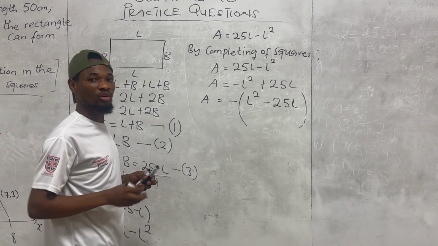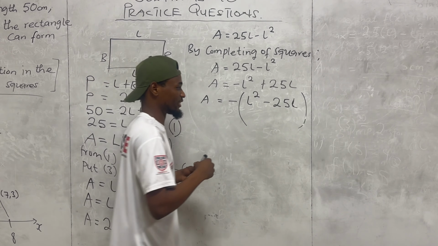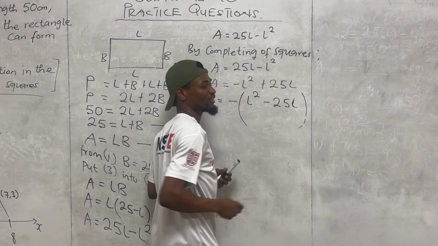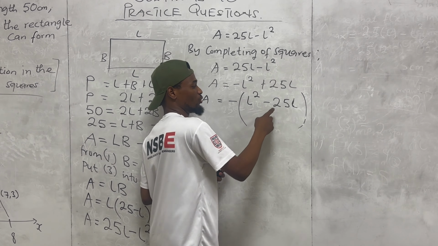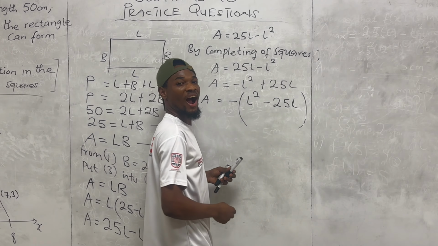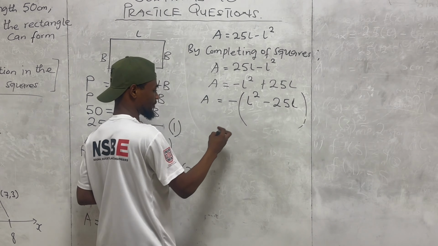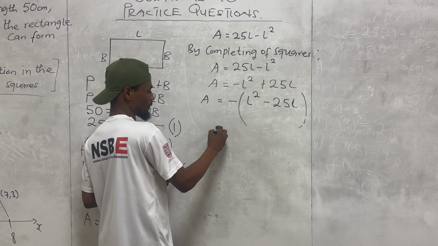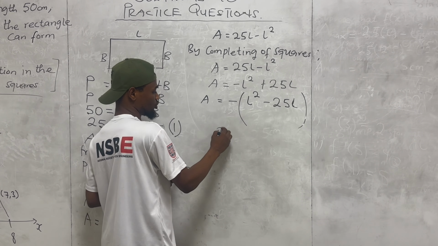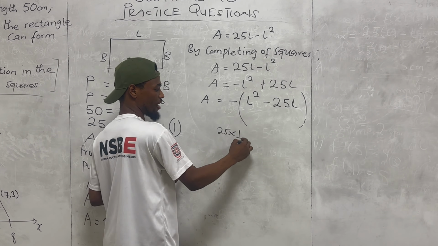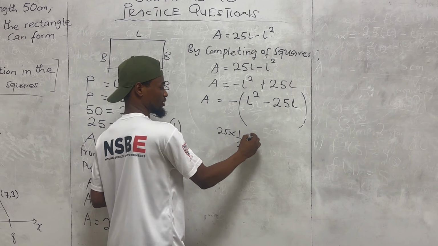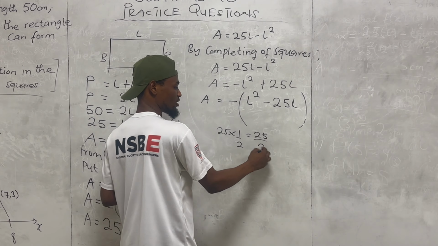So using the completion of squares, we all know that we will multiply this by half. 25 times half gives 25 over 2.